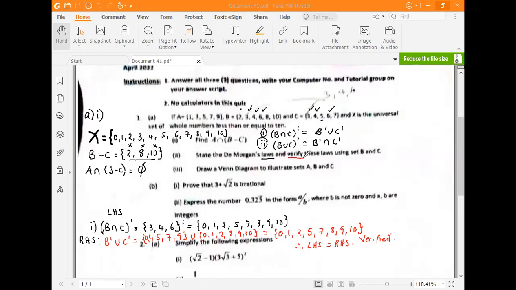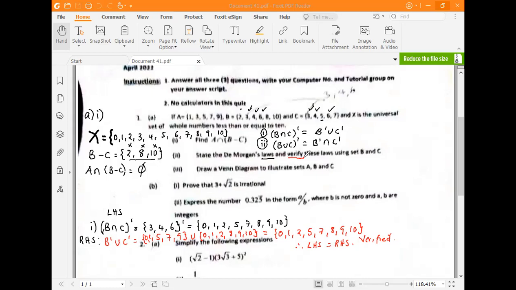They have said verify. So show using the given sets. The issue of proving, you don't use examples. You prove in the general case. Let X be in this set and move to the other set. And so it's just verify. So you just verify.